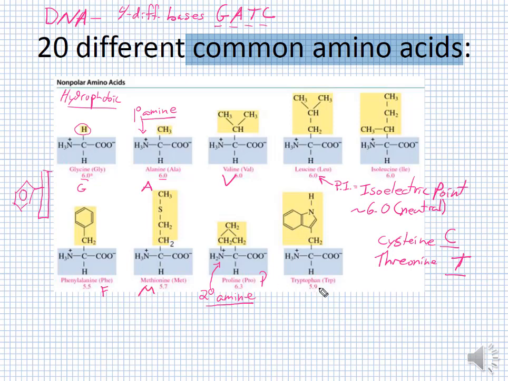Methionine is M. Tryptophan, I like this one, it's a W. I won't get into why that is, but anyway, if you see a sequence of one-letter abbreviations and it contains something other than GATC, then you know it's protein and not DNA. DNA will just have these 4. Proteins are made up of 20 common amino acids, and they all have one-letter abbreviations as well. Again, don't have to memorize them, just something interesting to point out here.